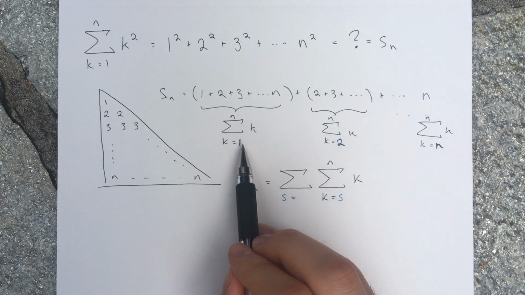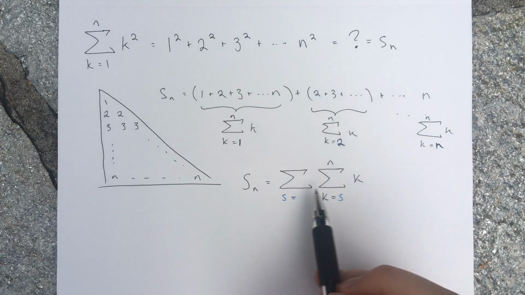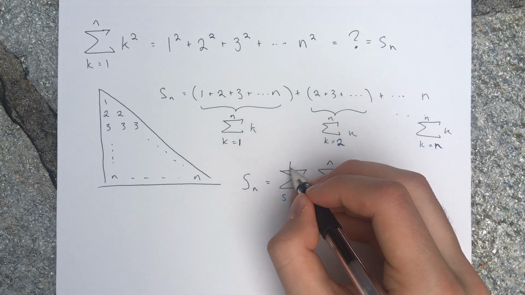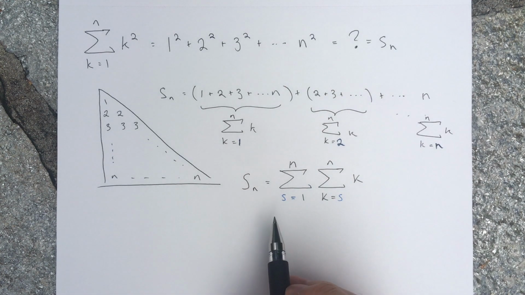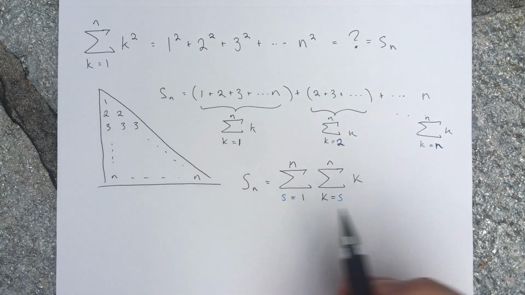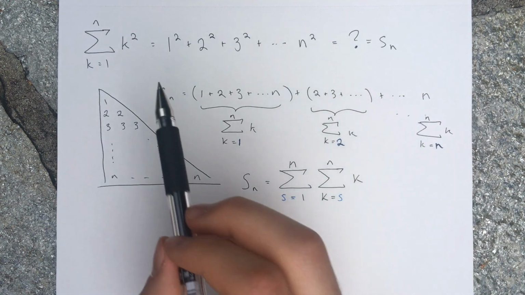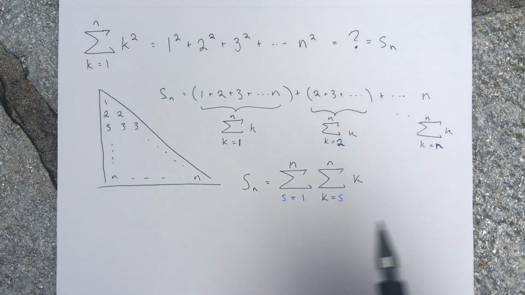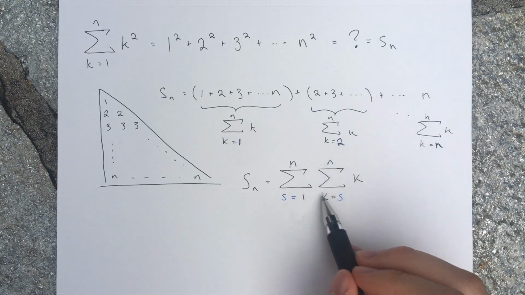So we start at 1, and then we do another 1, 2, 3. So we're going to be starting at 1 and ending at n. So this is actually just another way to rewrite the sum, 1 squared plus 2 squared plus 3 squared up until n squared. Now let's figure out what this is right here.